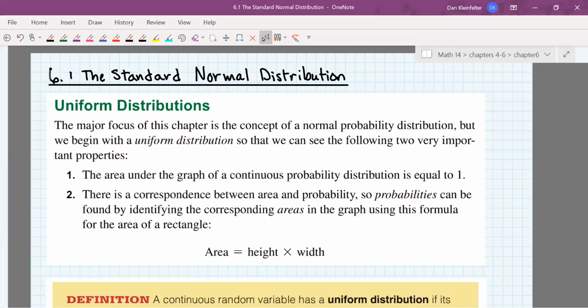So for a uniform distribution, the area under the graph of any continuous distribution is going to be equal to 1. Since there's a correspondence between area and probability, probabilities can be found by finding corresponding areas under the graph using a rectangle area formula.